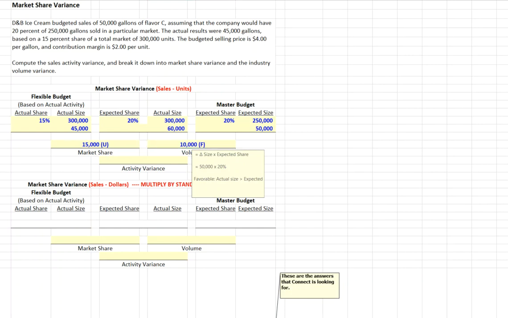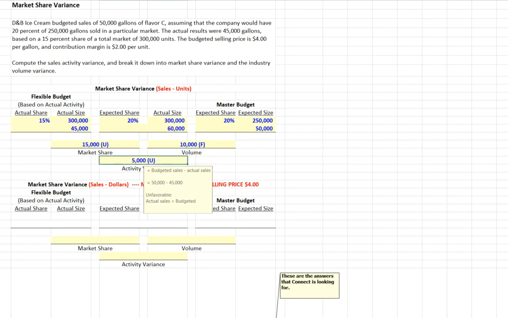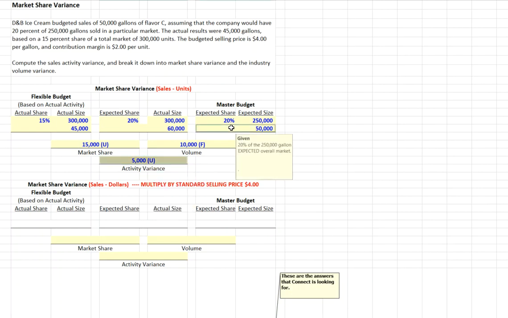And again, the volume variance is favorable because the actual industry volume of 300,000 gallons was higher than our expected industry volume of 250,000 gallons. We can combine the two and we get a 5,000 unfavorable overall activity variance. And again, that's the difference between our original budget of 50,000 units and the 45,000 units we sold.